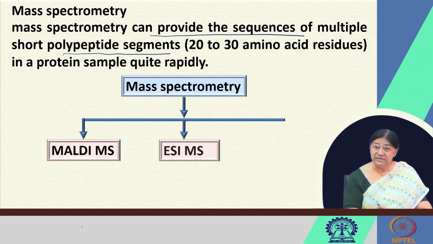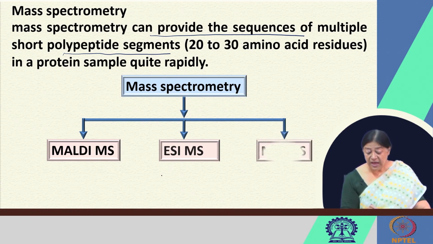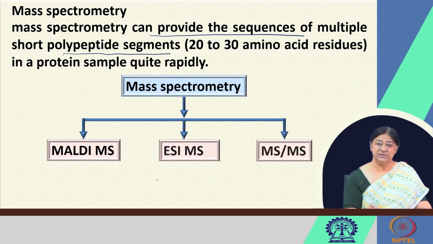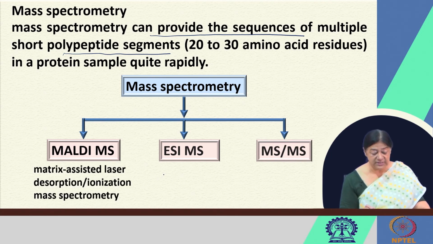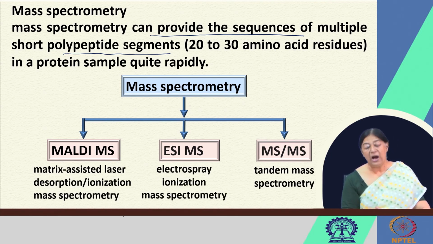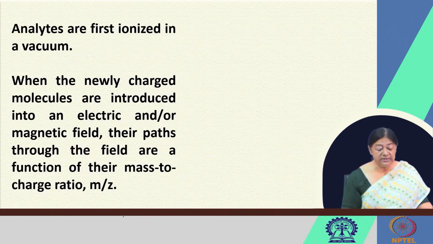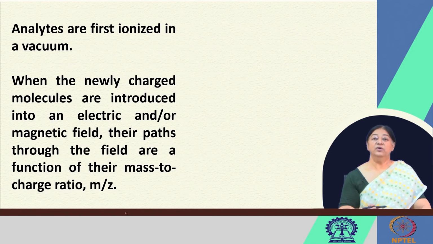We have MALDI-MS, that's matrix assisted laser desorption. We have ESI, electrospray, and we have also MS/MS. Now, these are different mass spectrometry methods that give us an idea as to how we can determine the sequence. So, in this case, the analytes are ionized in vacuum.